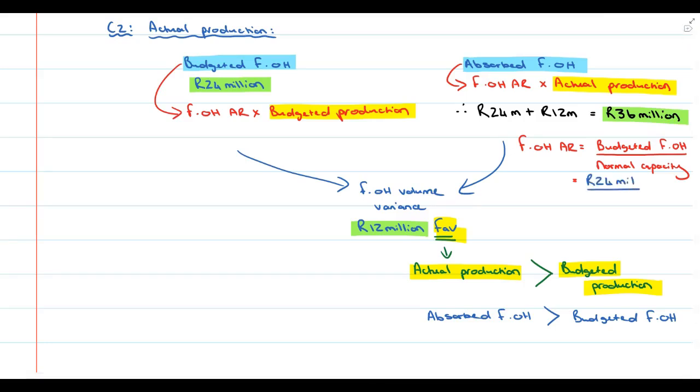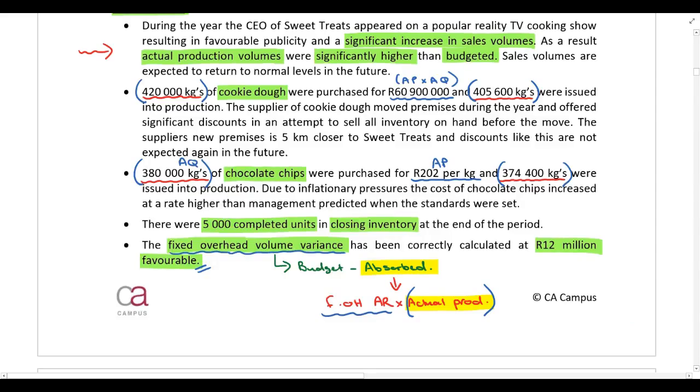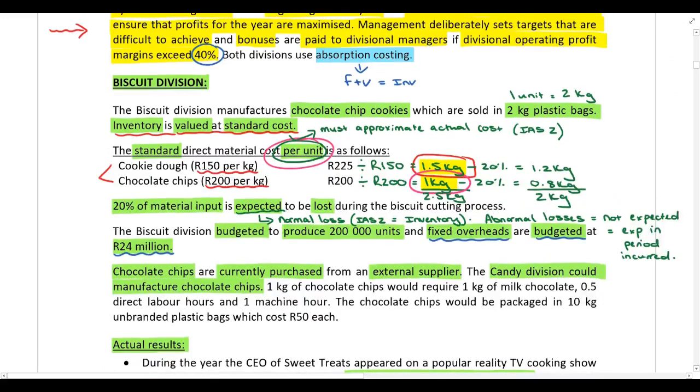And if we go back to the information provided in the scenario, you were not given normal capacity. However, please remember, where normal capacity is not given, you can use the budgeted capacity. So we know that the biscuit division budgeted to produce 200,000 units.